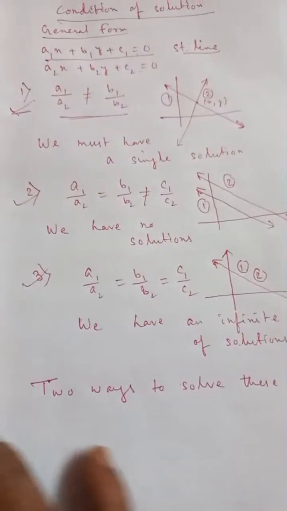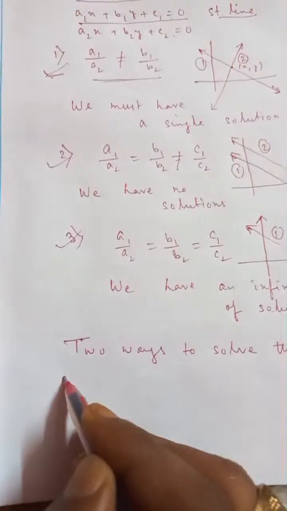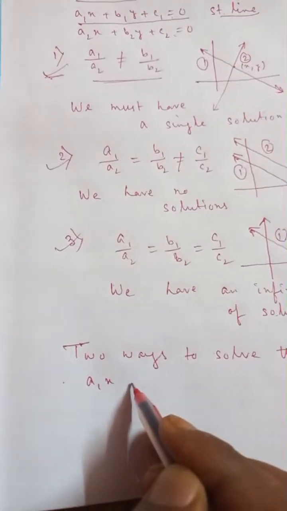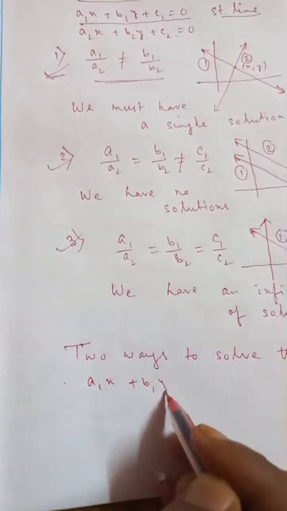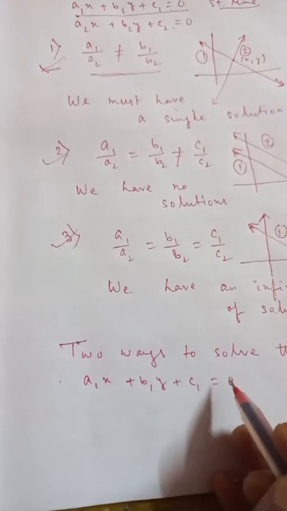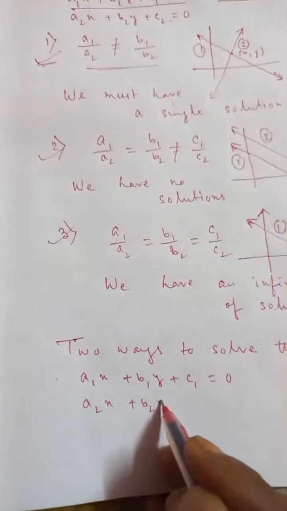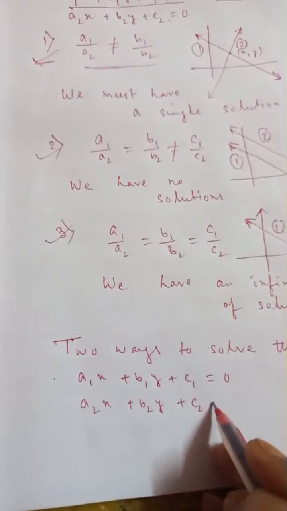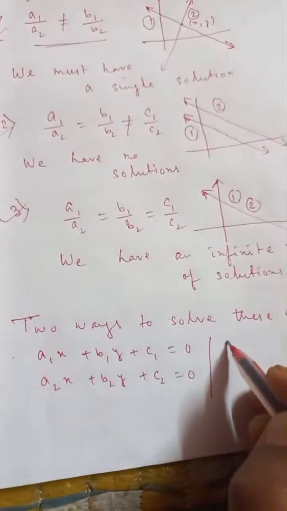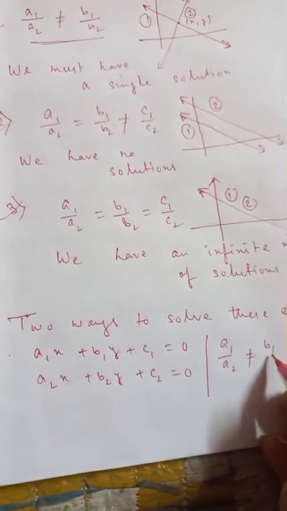We will take a1x plus b1y plus c1 equal to 0, a2x plus b2y plus c2 equal to 0, and the condition is that here a1 by a2 is not equal to b1 by b2.